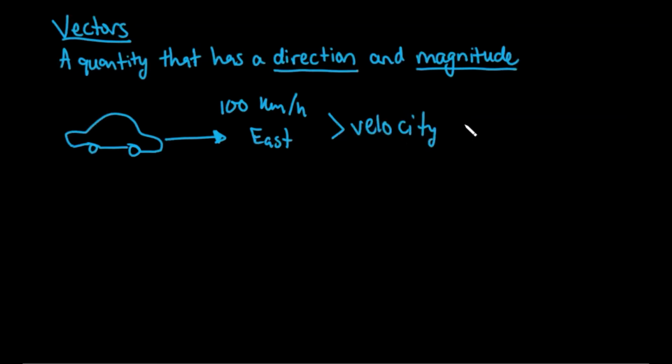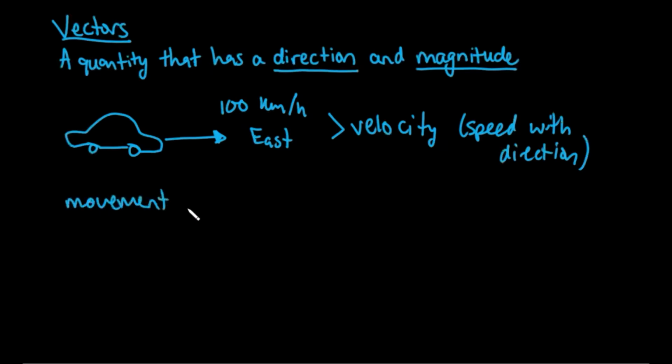So velocity is just speed with a direction. So vectors are especially useful when we're talking about movement and when we're talking about forces. And those are the two things that we're going to focus on in this course.